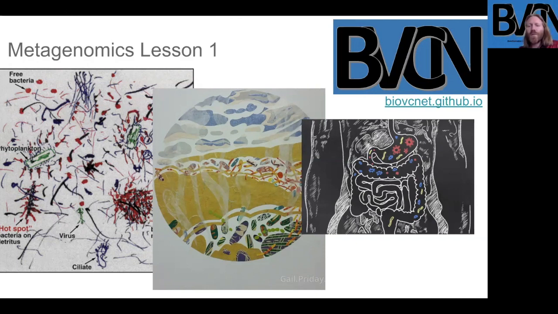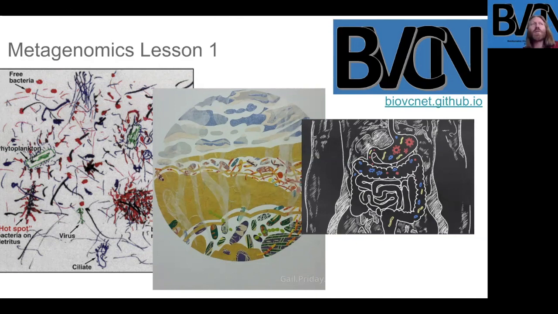So metagenomics is one of the funnest parts of bioinformatics for me, and I'll tell you a little bit about why that is. But the first thing I like to remember is just how complicated microbial communities are. Generally, I'm a microbial ecologist, and I think a lot of the people here are as well.